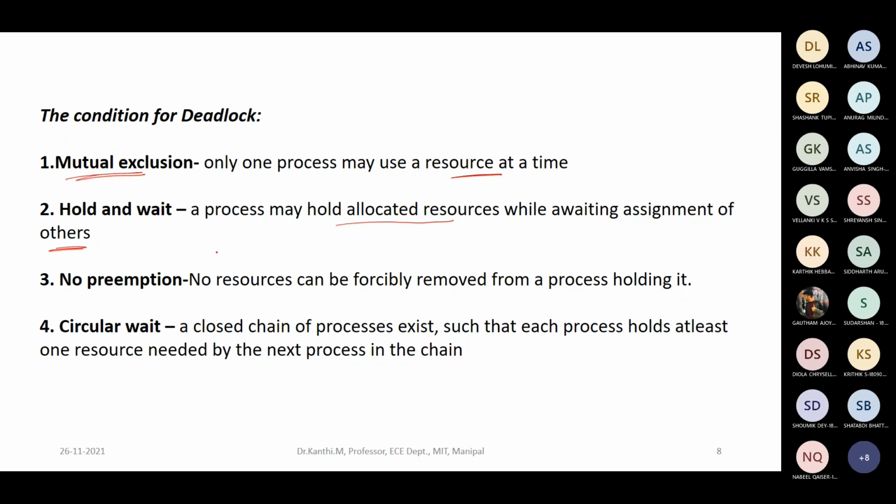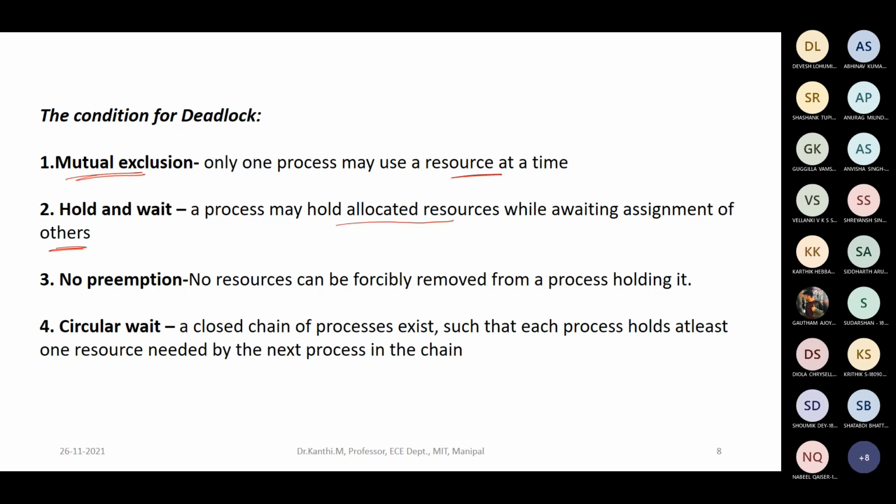Then another situation, circular wait: a closed chain of processes exists such that each process holds at least one resource needed by the next process in the chain. I think the situation I just showed is an example of circular wait. Say suppose resource A is with P and B is with Q, and P wants B, but B is with Q, and Q wants A, which is with P. Such a situation is a circular chain.